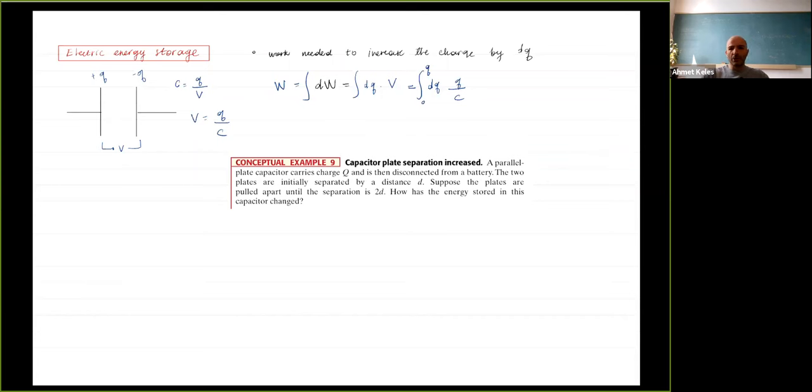If I do this, I'm going to find the total work needed to put this capacitor in this form, which will give me something like 1 over 2C times Q squared.